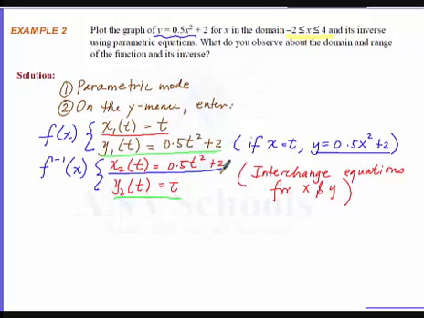And step 3, we're not yet finished. Our step 3 is to set a window with the interval of t from -2 to 4. And you could use an interval for x from 0 to 5, if you may like.